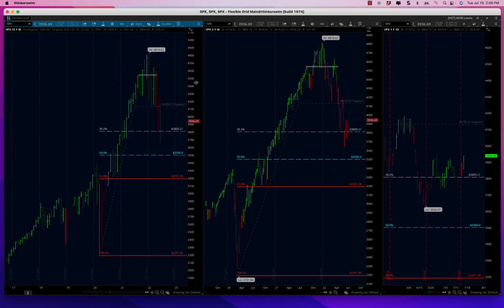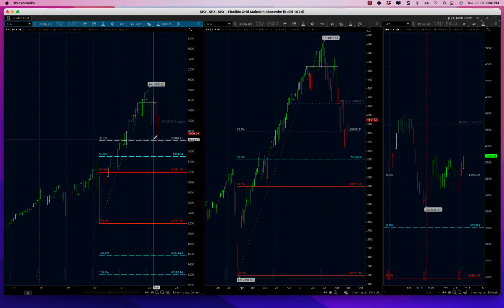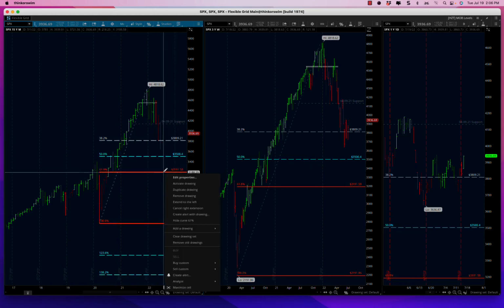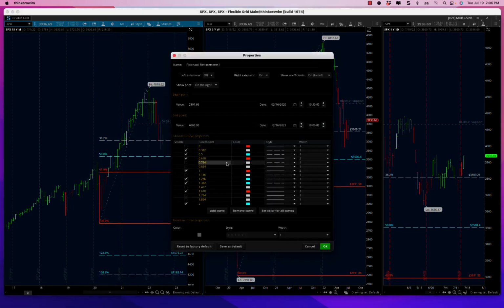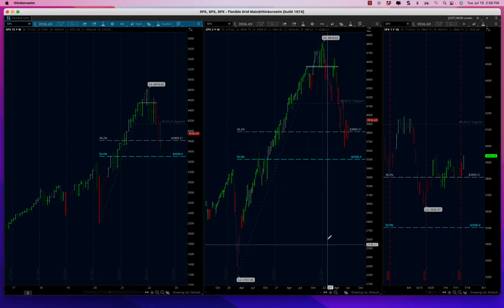All right. So we will hold that 382 level and the 50% level going forward. So for this exercise, I will hide my remaining levels because from a bigger time frame, I am not likely to go visit those anytime soon. Any questions so far?